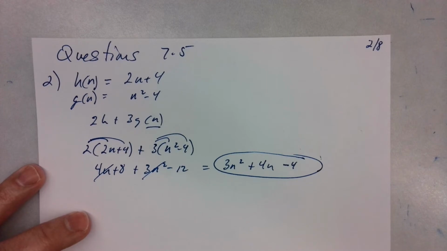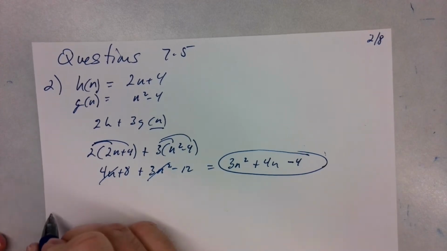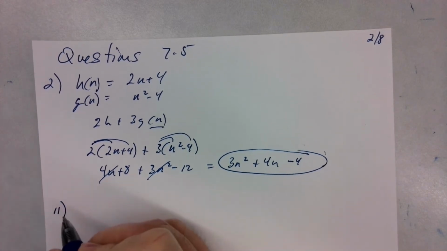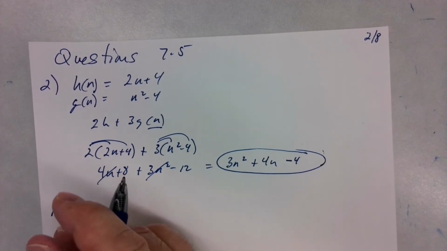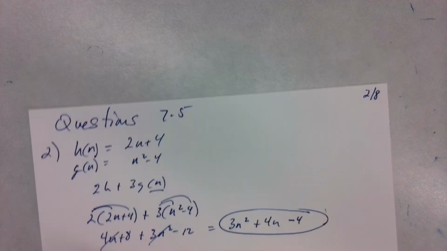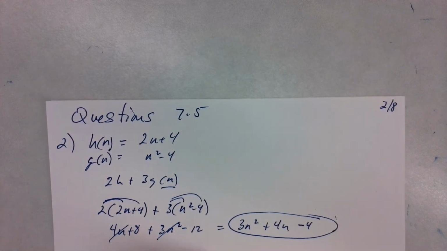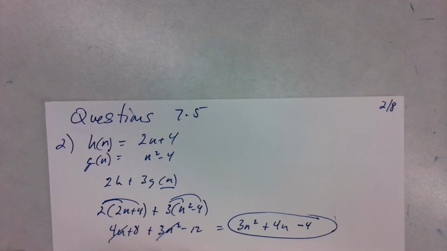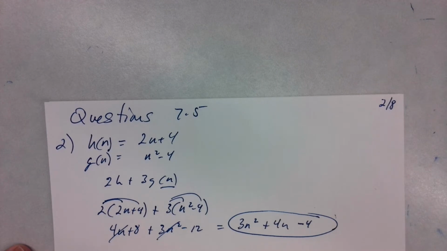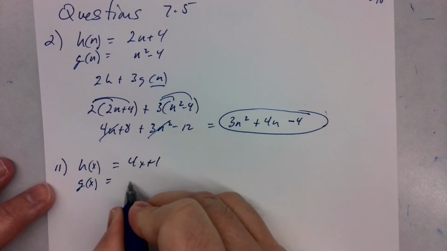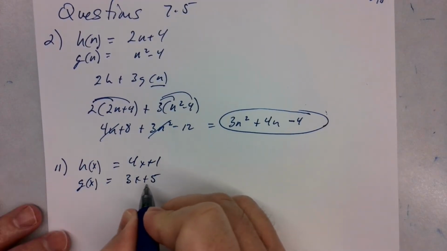Number 11 says h of x is 4x plus 1. G of x is 3x plus 5.